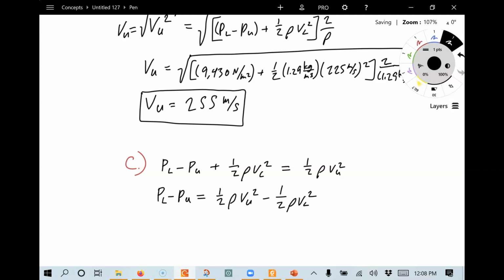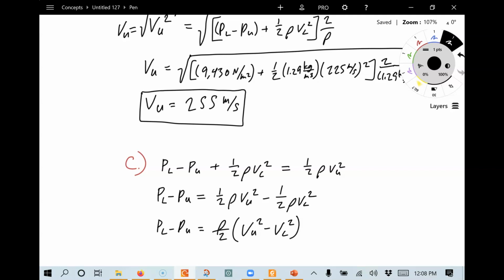And then we can take one more step just to simplify this a little bit more. Let's factor out the 1/2 rho. So we've got rho over 2 multiplied by the quantity V upper squared minus V lower squared.